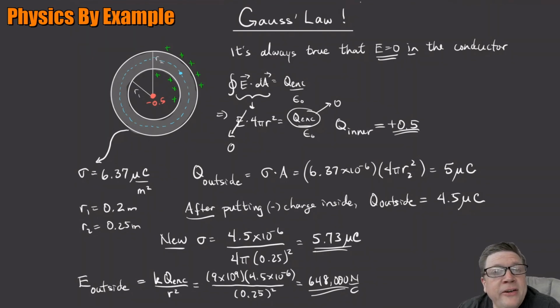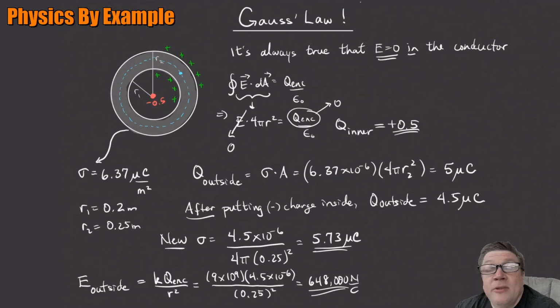Originally, that was a higher number because the original charge on the outside was 5 microcoulombs. So what I'm saying is, when we put that negative charge in the center, even though the electric field inside the conductor never changed, it always is 0, that information that it's there does get leaked to the outside because the electric field went down.